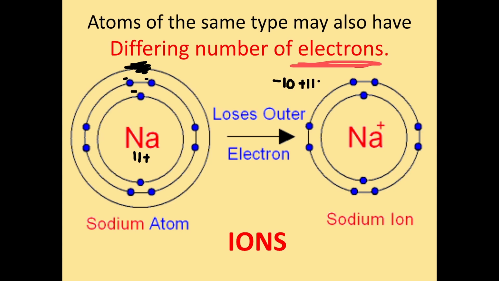This is really hard to do with a mouse. And if you do the math, that's going to leave you with a +1, right? And that's what this is. Normally chemists will leave off the 1. If it's 2 or 3 or 4 or anything else, they'll put that on there. But if it's just 1, they just put the plus sign. And so that's why this is Na+. This is a sodium ion. Na+ means it has lost an electron, right?